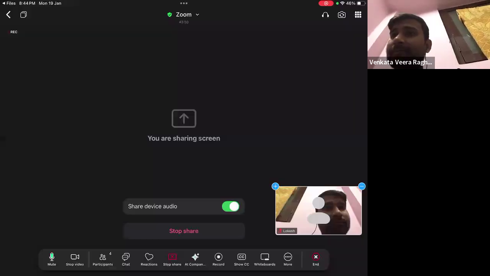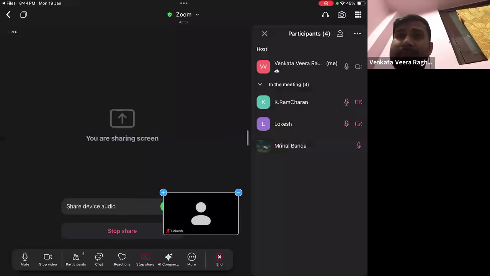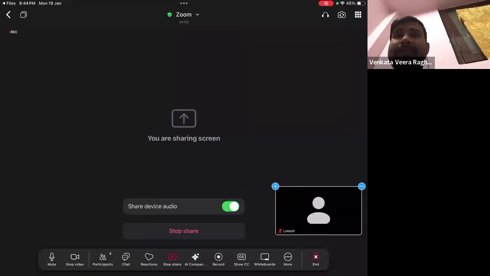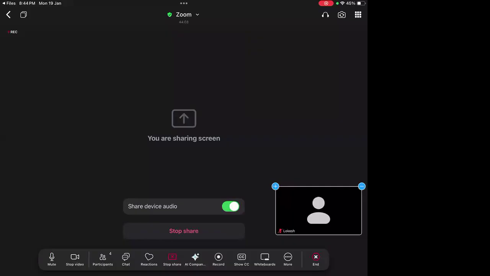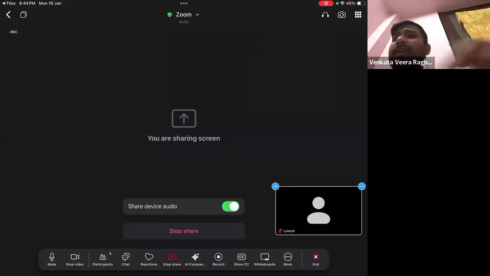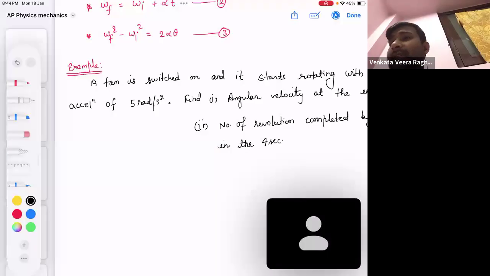Okay, do you understand the question? Please tell me, understood the question? Simple only, na? Fan is switched on, right? The moment you switch on the fan, it will start accelerating, right?